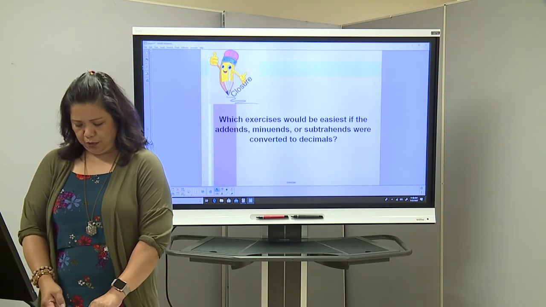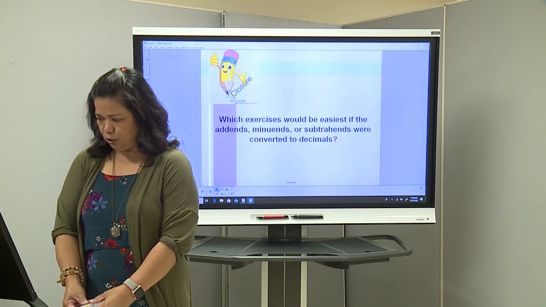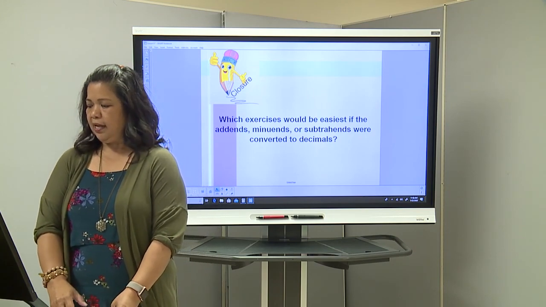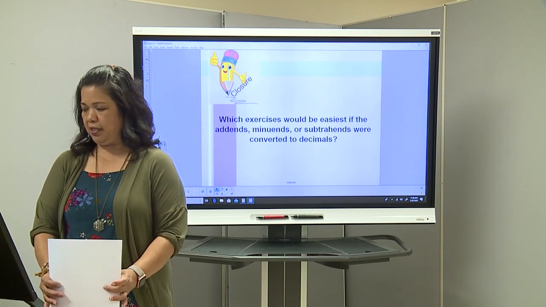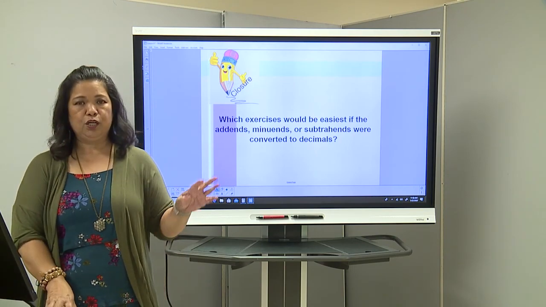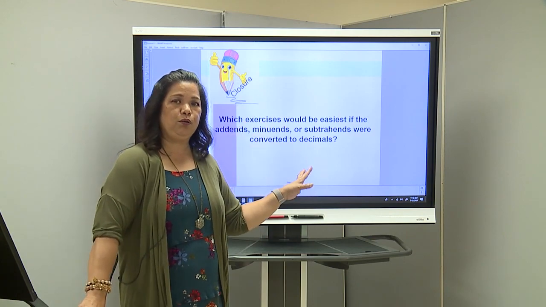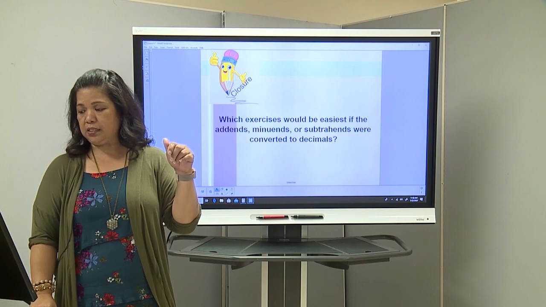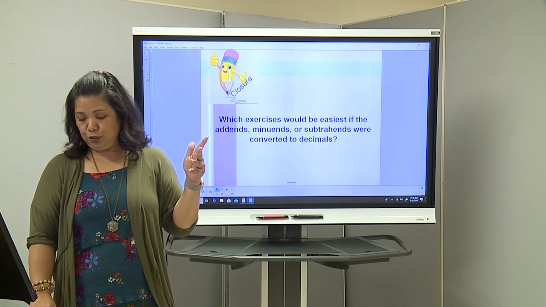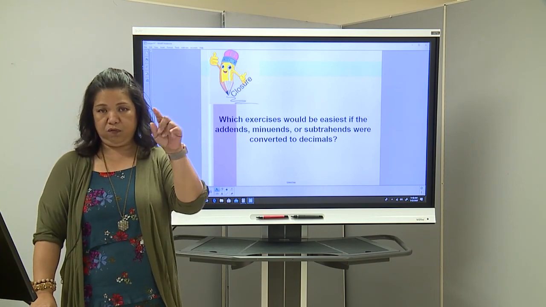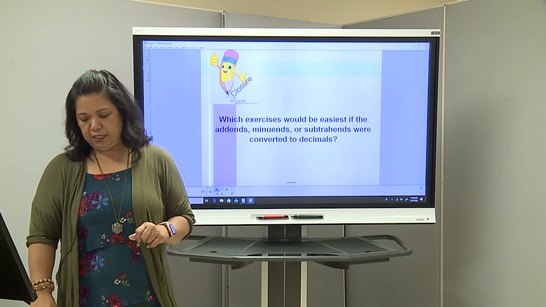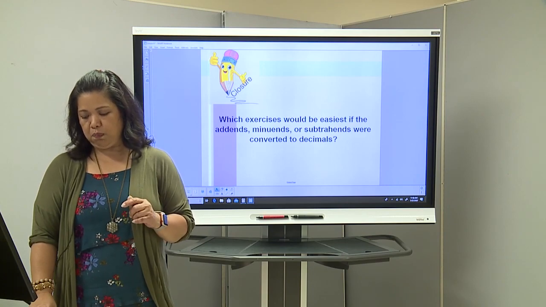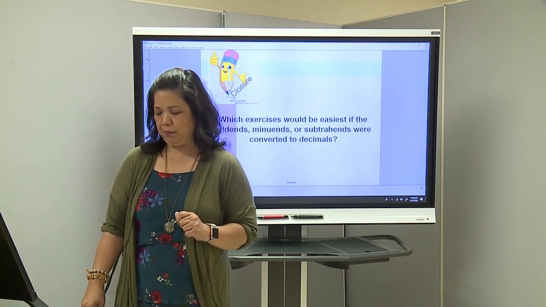All right, so as we end this lesson with this question, which exercises would be easiest if the addends, minuends, or subtrahends were converted to decimals? We go back to all those problems and we found out that the exercises number 1, number 2, and I would say number 4, the one that you did, would be the easiest if the terms were converted to decimals before finding the sum or difference.